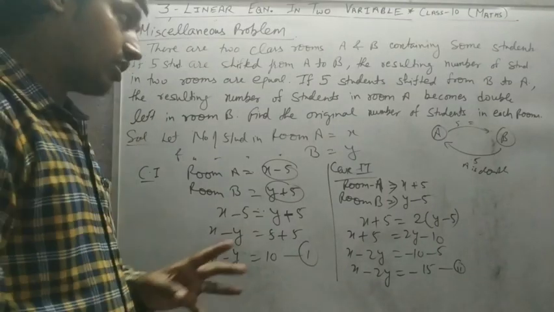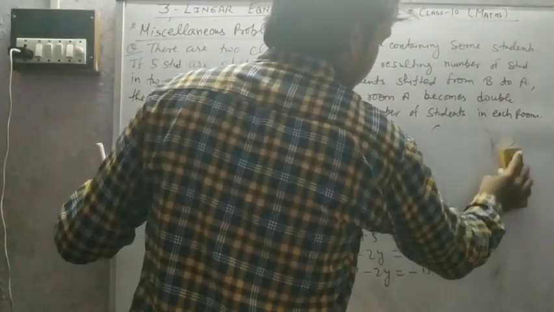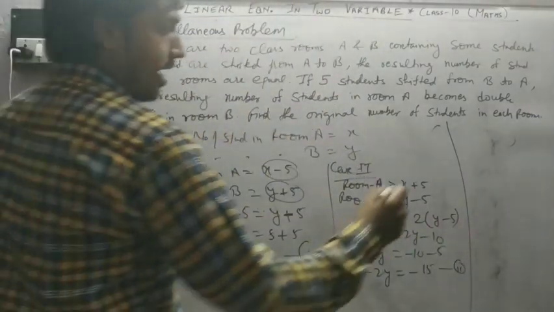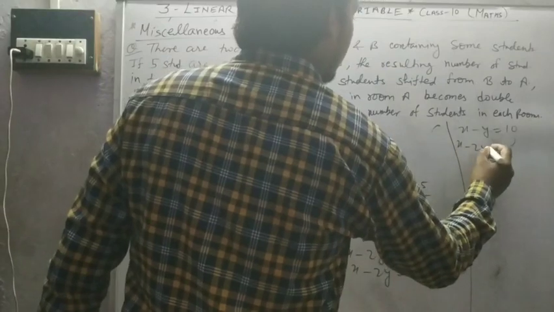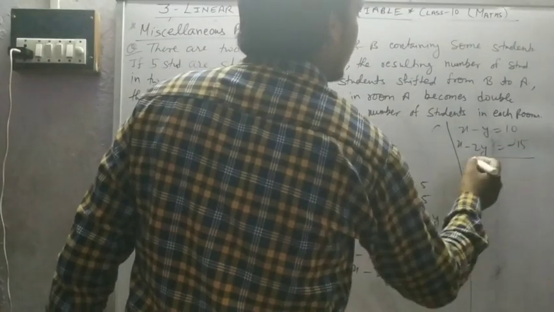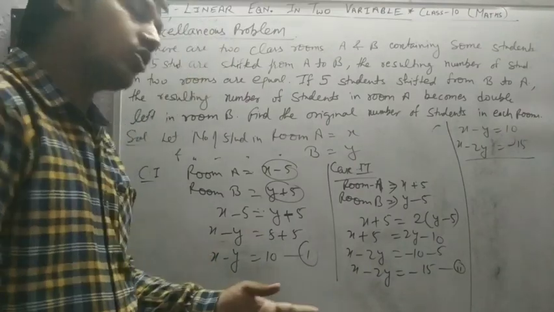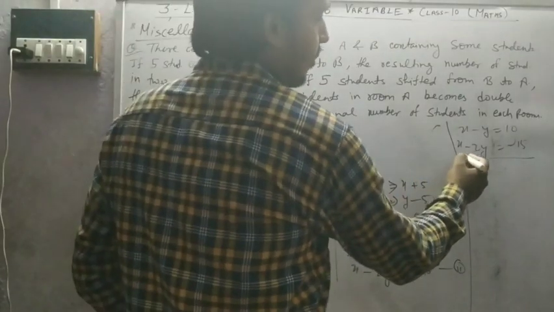Okay, then solve the equation. x minus y is equal to 10, x minus 2y is equal to minus 15. Because we already see it, x coefficients are equal, so no hurry to solve them. Directly subtract.